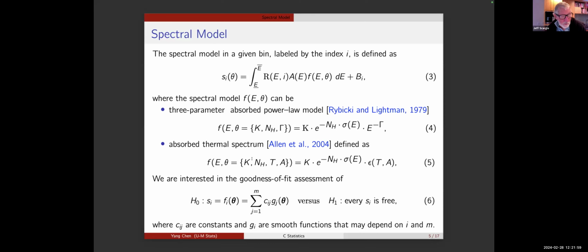And then another even more extreme situation, I think we'll hear about in the second half, is bin-free methods, where you don't even bother binning because you want to extract all the information in the individual events. And anyway, just to throw in the complication of the real world a little bit more.